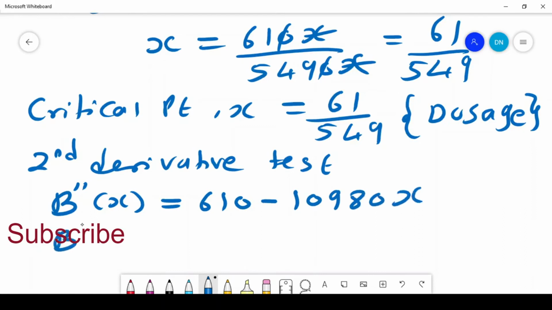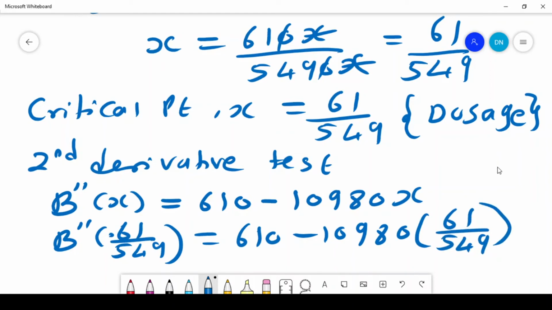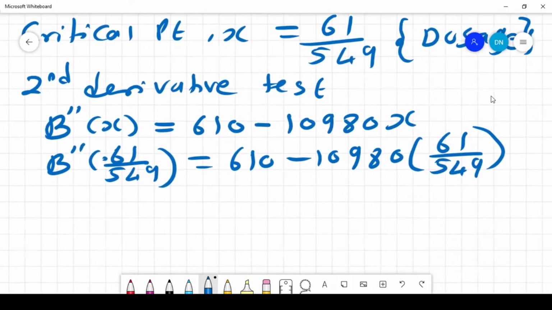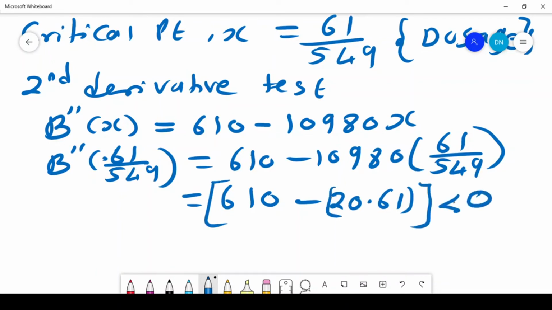And when we substitute the value of x, 61 over 549, it becomes 610 minus 10980 times 61/549. And this value will be equal to 610 minus, since 549 goes into 1098 2 times, 20 times 61, and definitely this is less than 0.